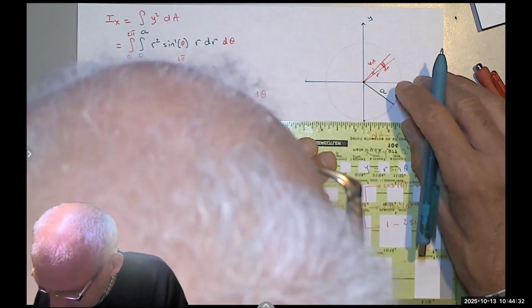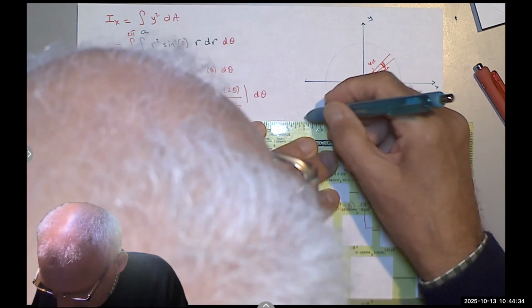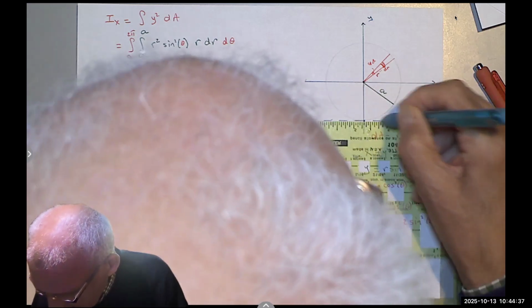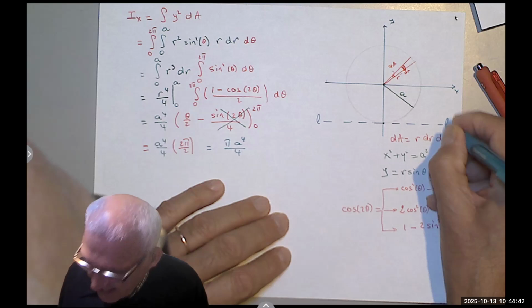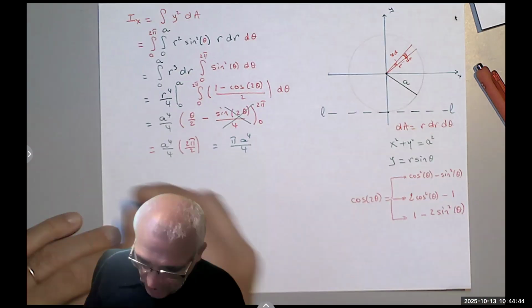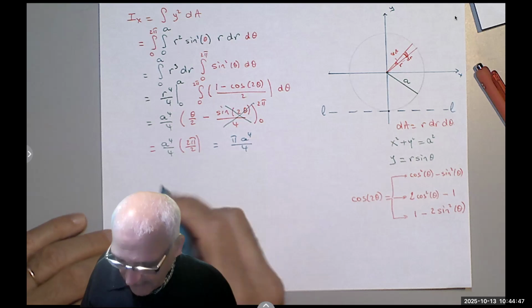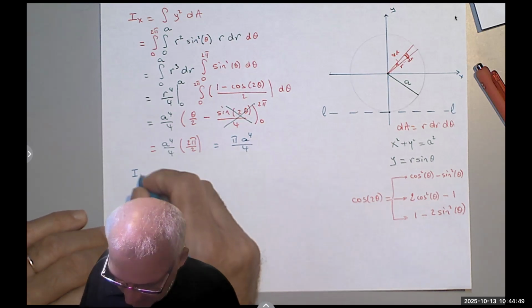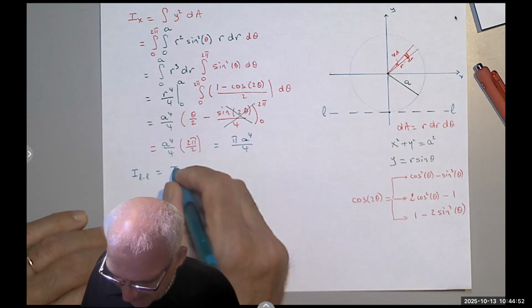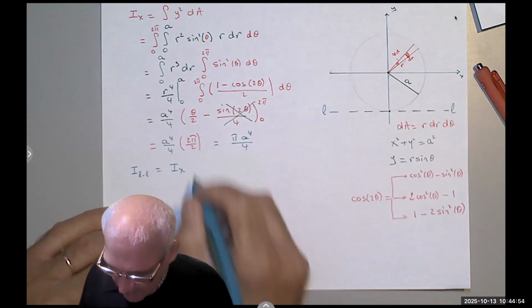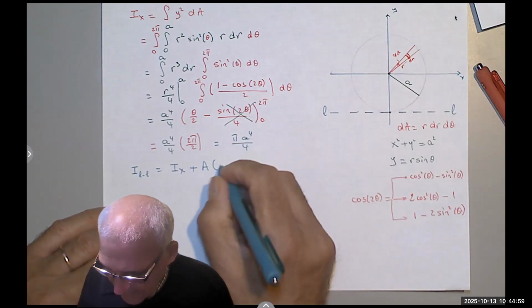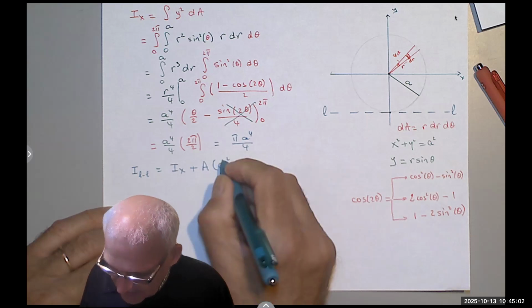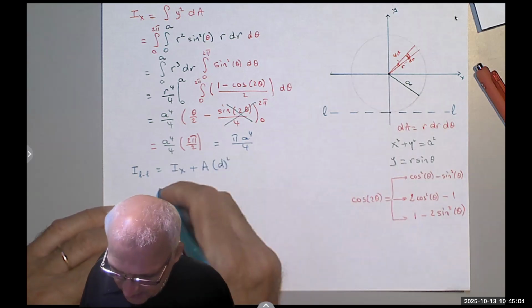But let's say I want to find the moment of inertia about this line that I'm going to call LL, line L. So using the parallel axis formula, I can say ILL equals IX, or IXC for that matter, plus the area times the distance square, d squared. D here is a, that's the radius, and the area is pi r squared.